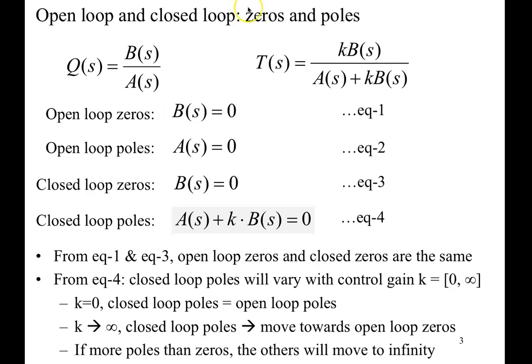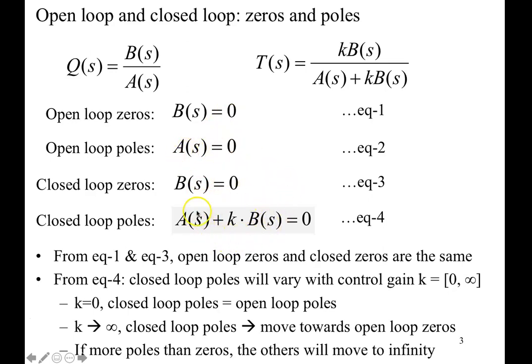But if I equate the denominator term of T(s), which is A(s) plus K B(s), equal to 0, the solution of that, as shown in equation 4, will give me the closed loop poles. Now, open loop poles will be the solution of A(s) equal to 0.